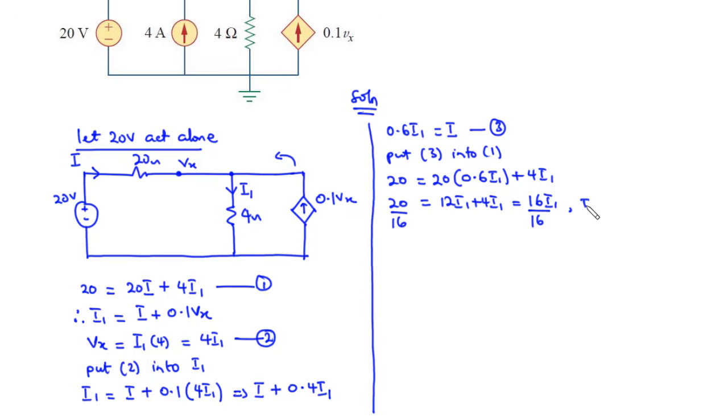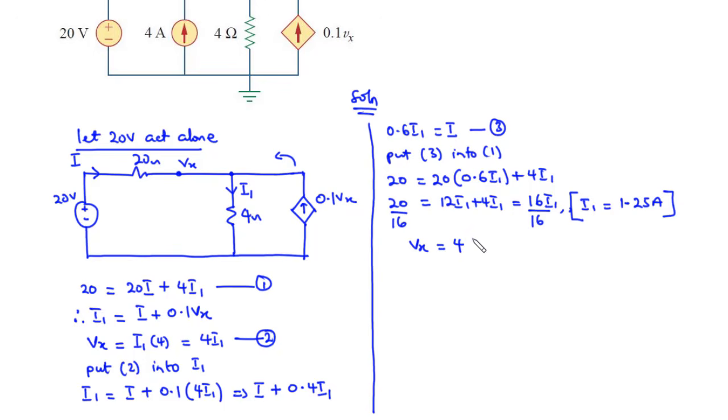and then you have I1 equal to 20 over 16, which gives 1.25. So we have I1 to be 1.25 amperes. Now if that is the case, then we can find the value of Vx, which is equal to 4 times I1.